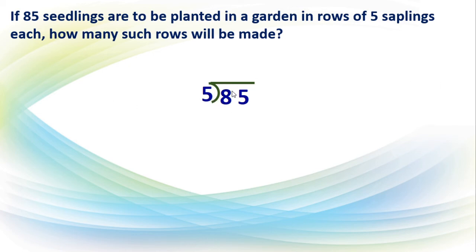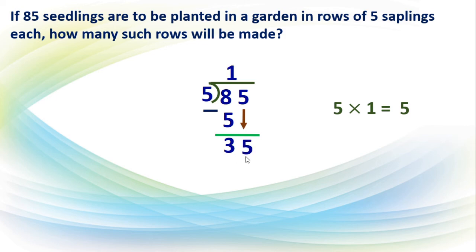Again here 8 is greater than 5. So 5 ones are 5. Here 8 minus 5 is equal to 3, and 3 is smaller than 5. So what will we do? We will take this 5 down. Then it became 35. Now we know that 5 sevens are 35.